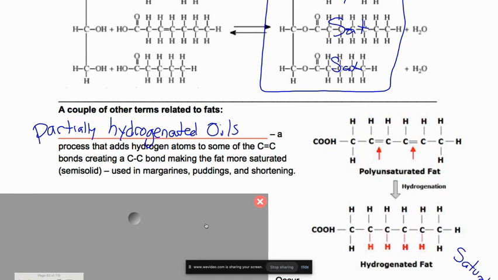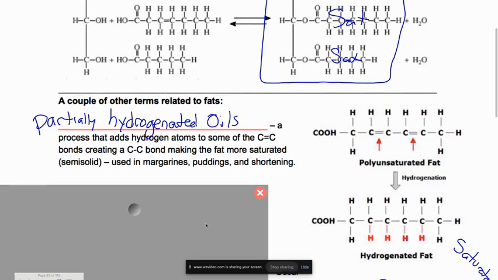For all intents and purposes, your body thinks of it as a saturated fat. It's just a cheaper way than growing a cow, milking it, and turning that into butter. I could just grow some corn and shoot some hydrogens at it, and that's why margarine is generally cheaper than butter, but it's a partially hydrogenated oil.